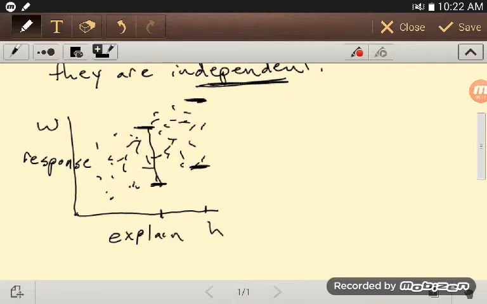So you see, my prediction does change. If I have a very low height, then I predict something in this lower weight.